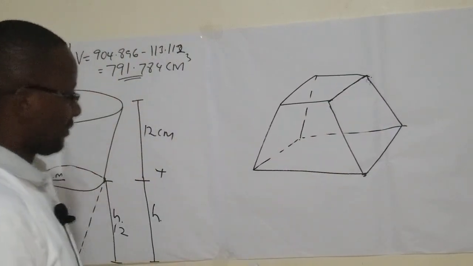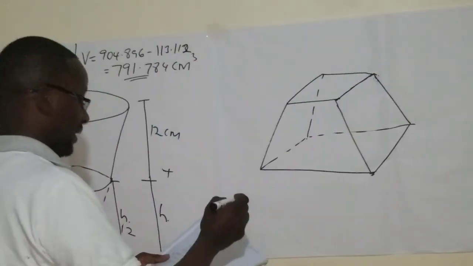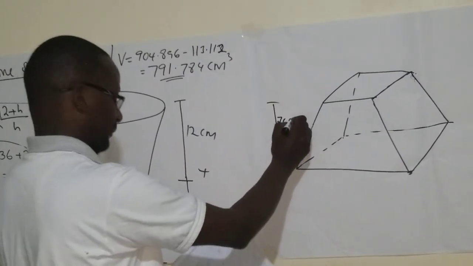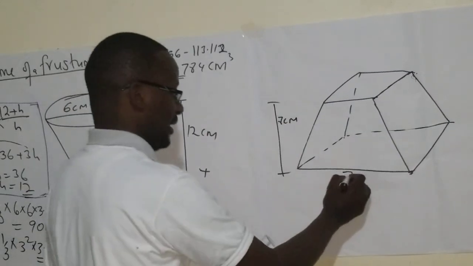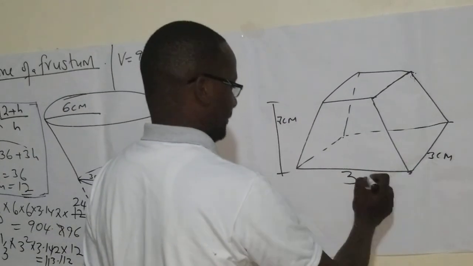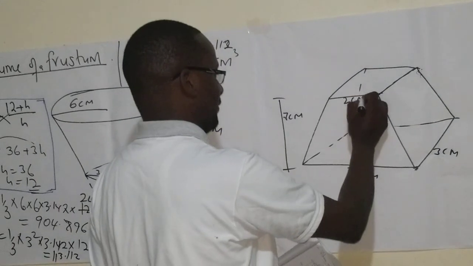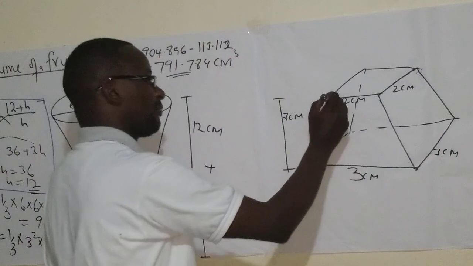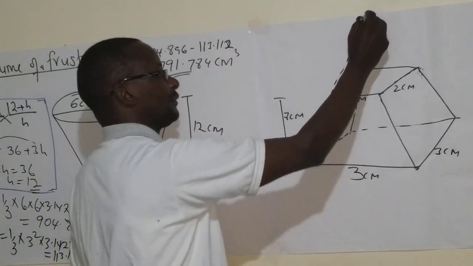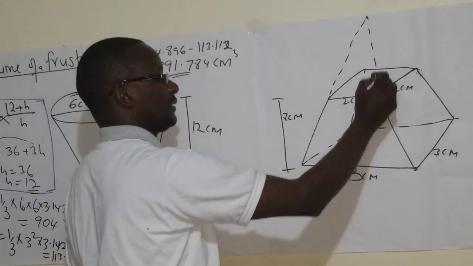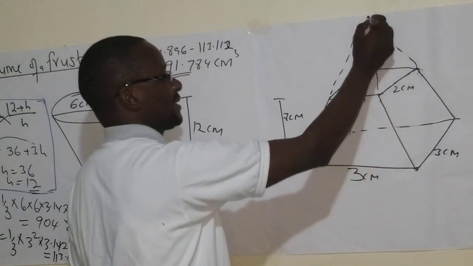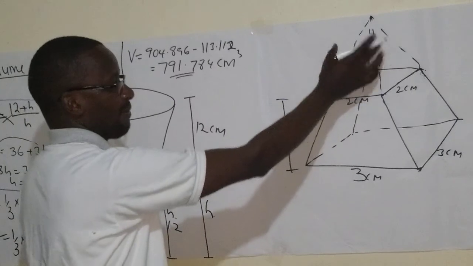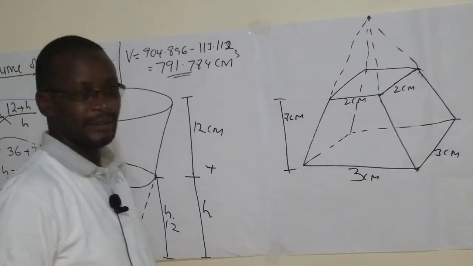So if you have such a frustum of a pyramid, again you are given the height of that frustum as 8. It's a square base. Here I have 3 centimeters and 2 centimeters for the top. Just as we did with the cone, we complete, such that we have 2 pyramids. We have the top small pyramid and now the full pyramid.